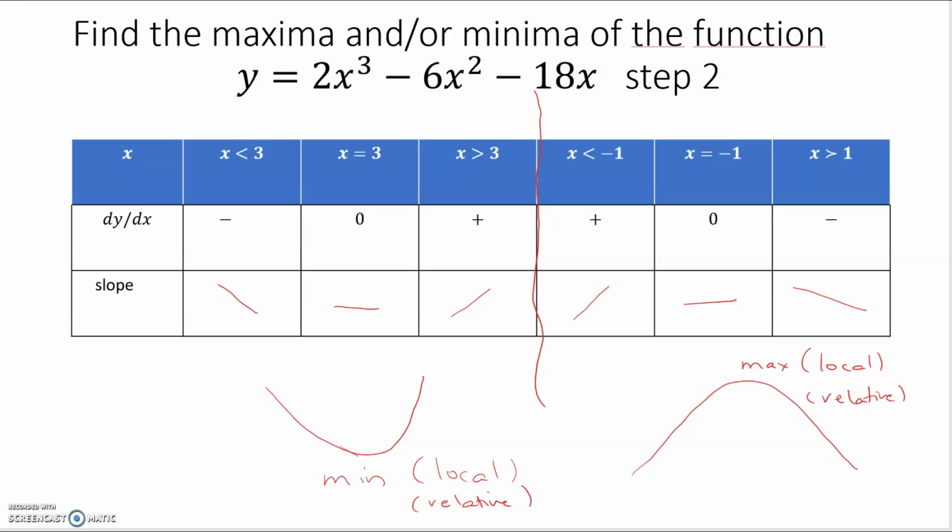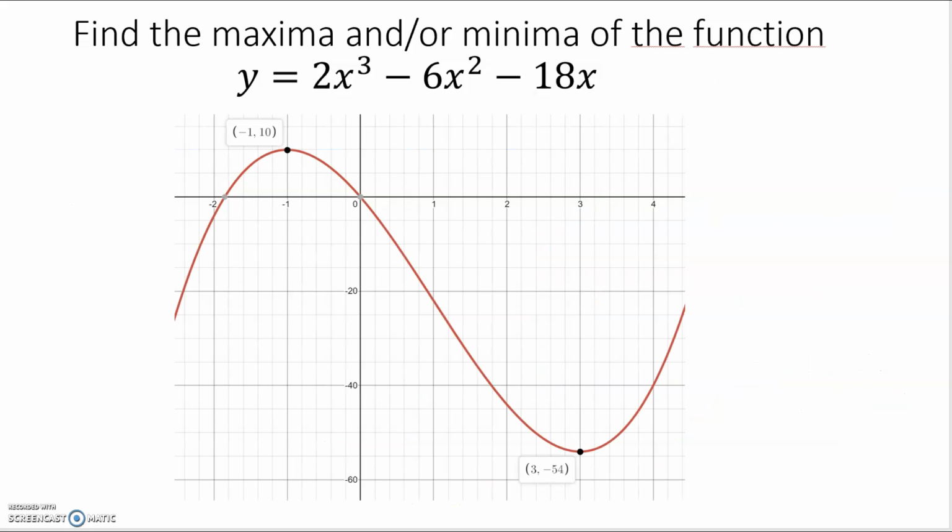That allows us, if this was an applied function, to find the minimum value of whatever, or the maximum value of whatever, and it certainly allows us to draw the graph. So you can see there that the maximum is at negative 1, 10, and the minimum is at 3, negative 54.